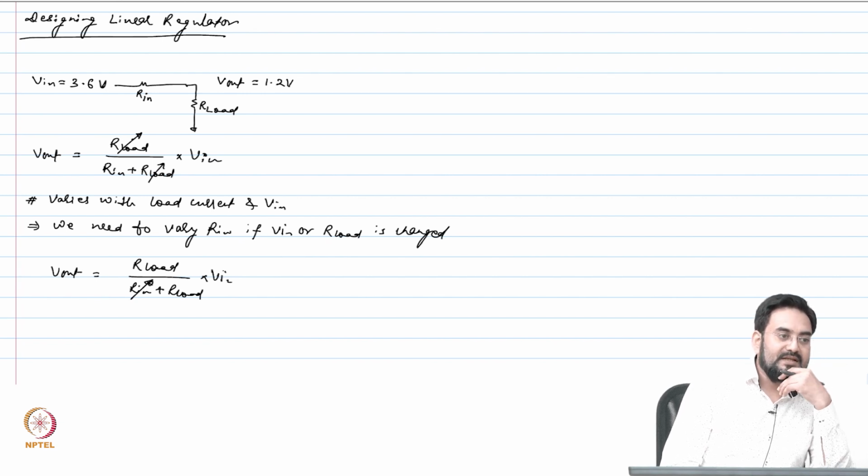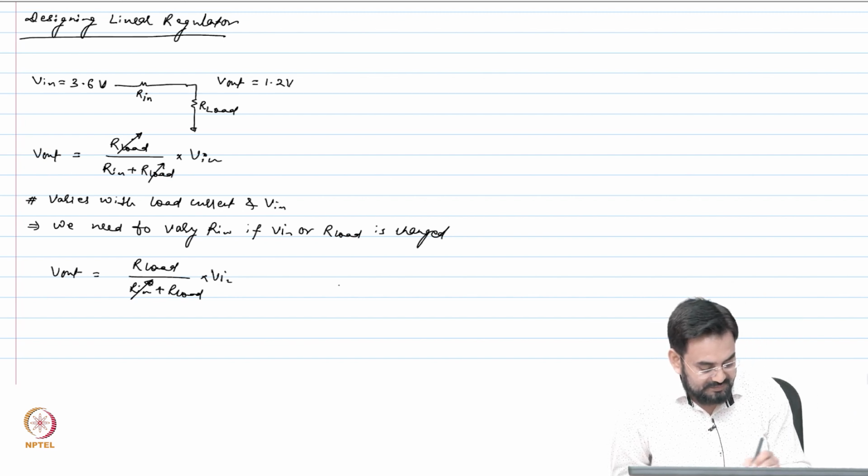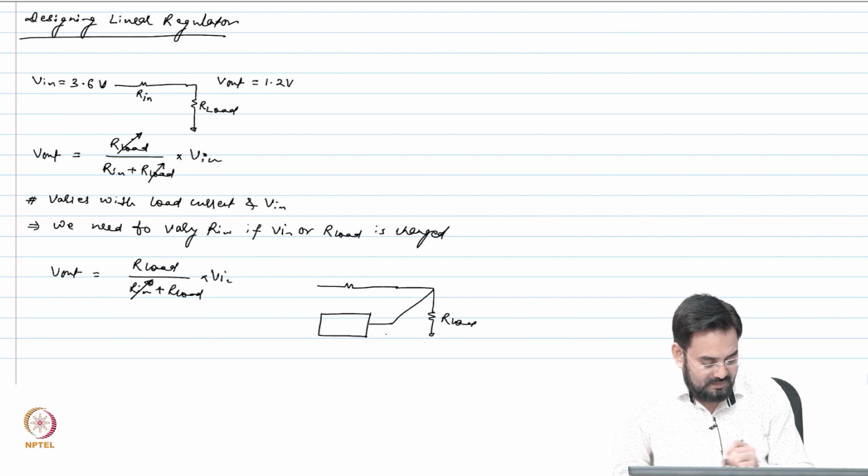So, I need a feedback, okay, which means if this is your R load, a control block, which will basically vary this R in.